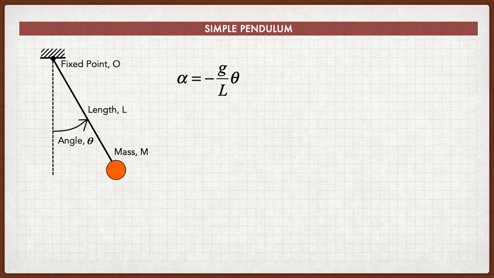If you said sine or cosine, you would be correct. The kind of motion that matches this equation is sinusoidal, sines and cosines of time.